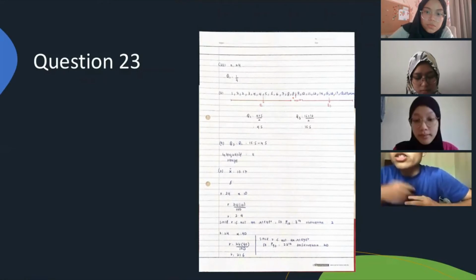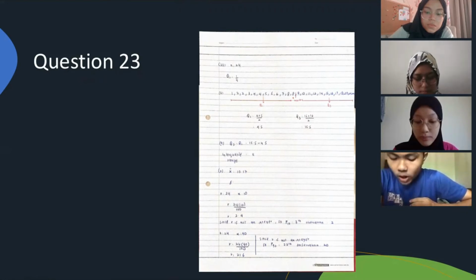Next, I will continue with question 23. For A, obtain the first and third quartile. To find the first and third quartile, we have to arrange the sequence from the lowest value to the highest value.